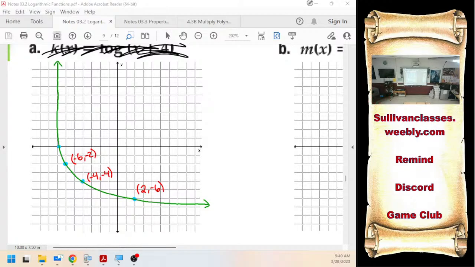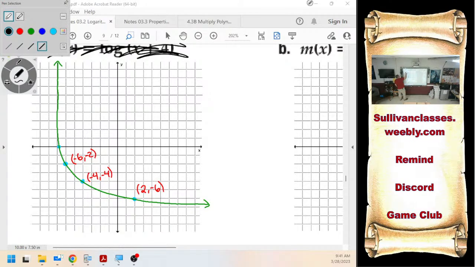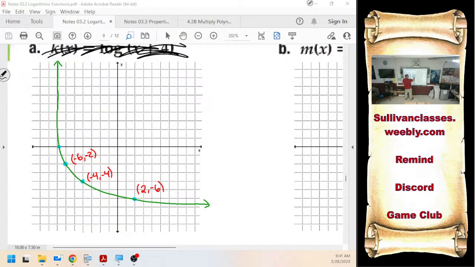Plot that, and then to determine an equation from it, I have to know what transformations do. So I know y equals, I'll leave a spot for a.